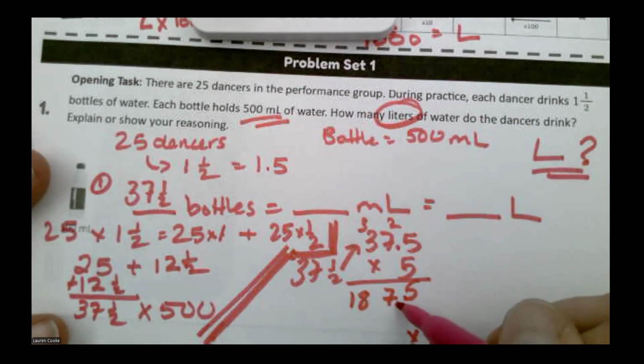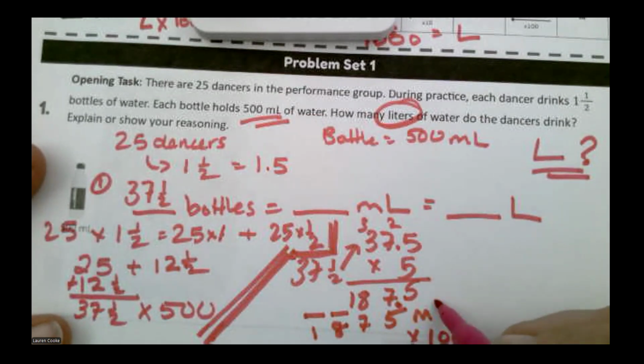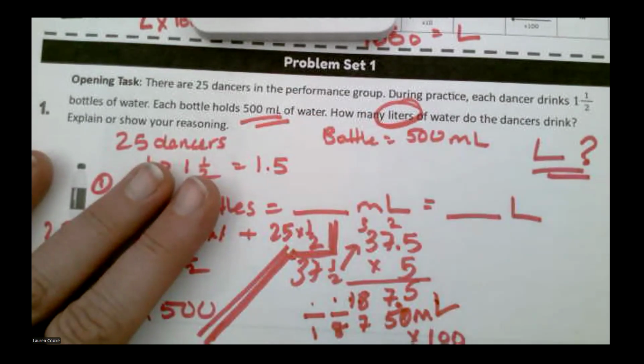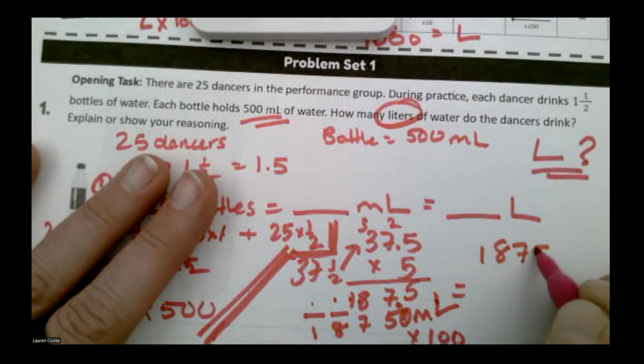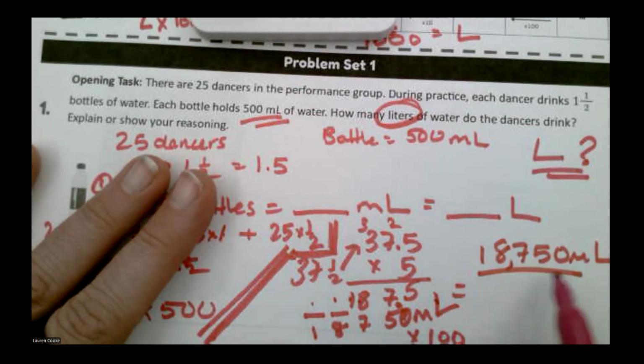And I have 1/10, and then I'm multiplying by 100, which means my digits shift. And I'm going to have 18,750 milliliters. Okay. So let me just rewrite it. 18,750 milliliters.